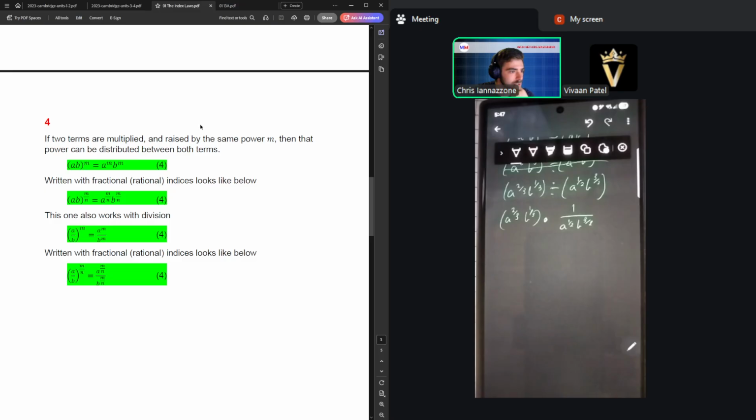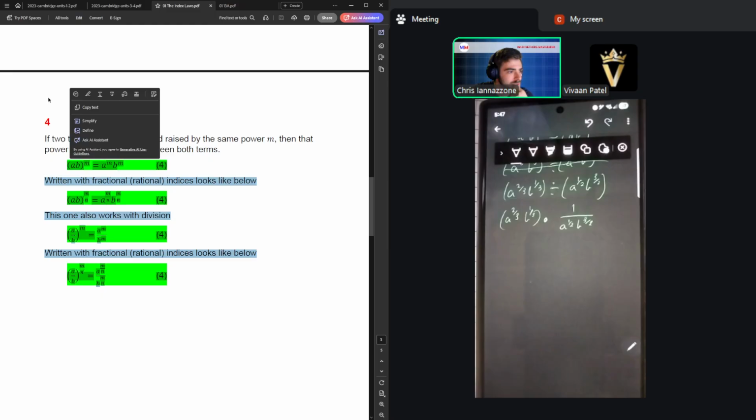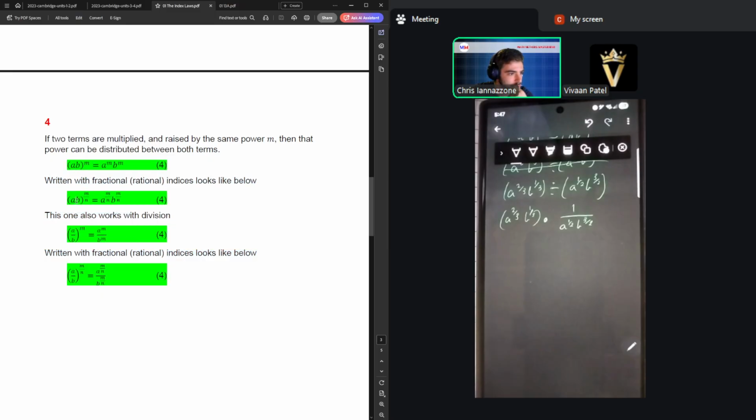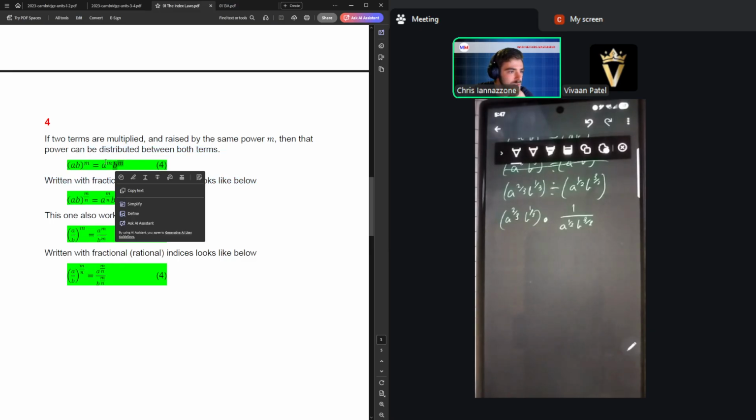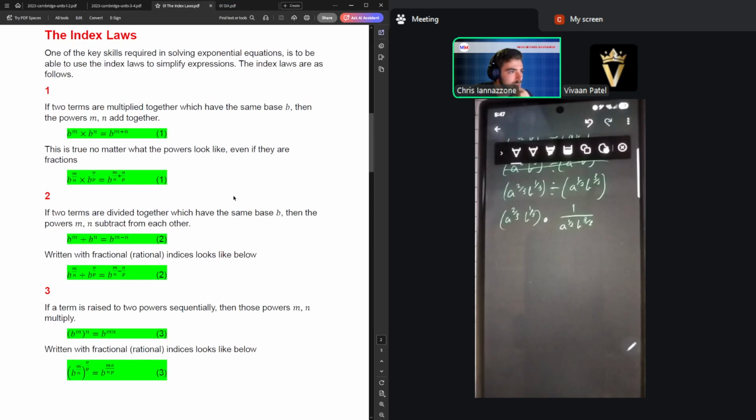So the index laws never change. That's why in my notes you'll see you can distribute the indexes, and they're labeled as the same law simply because whether it's a fraction or an integer, it's the same thing. When they're multiplied, they always add, whether they're fractions or otherwise. When they're dividing, they're always subtracting, whether they are fractions or otherwise.